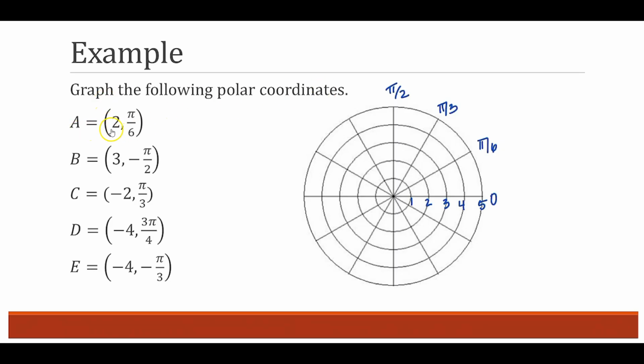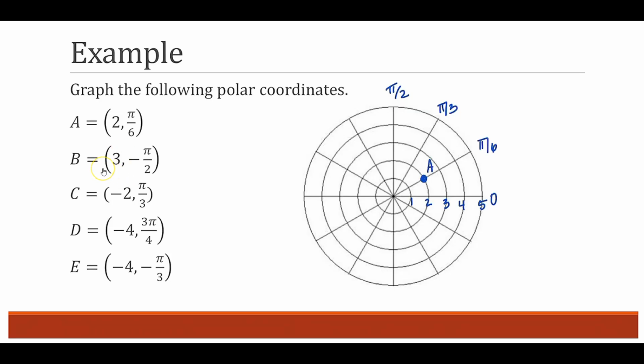We have A is 2, pi over 6. So what we do is we first go to the angle, so here's the angle pi over 6, and since the directed distance is +2, I go 2 units towards pi over 6, landing me right here as my coordinate point that I'm going to label A.